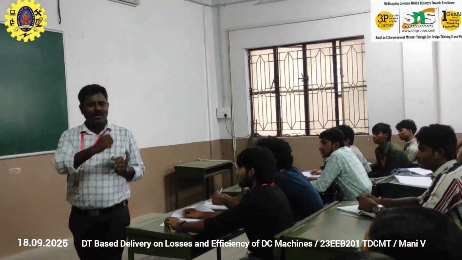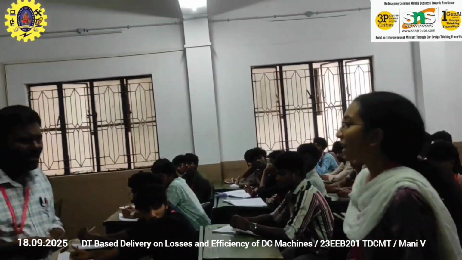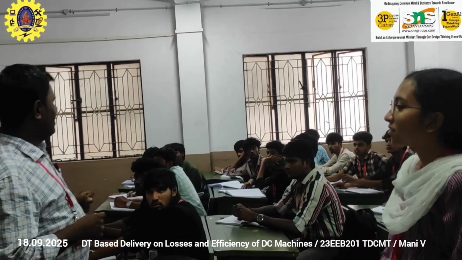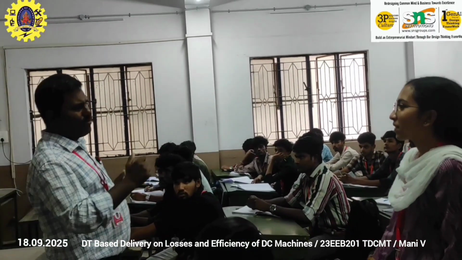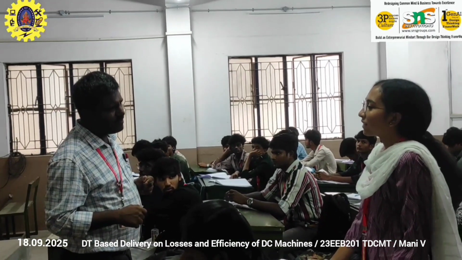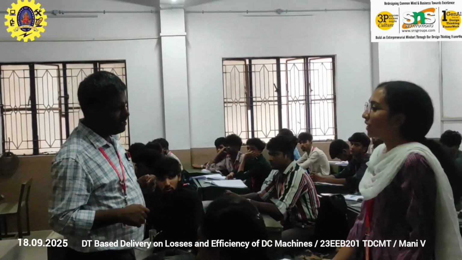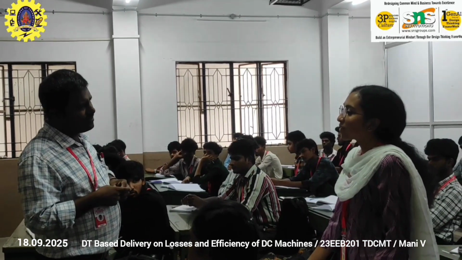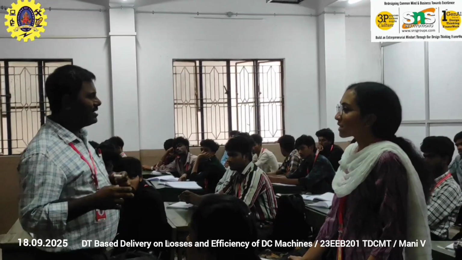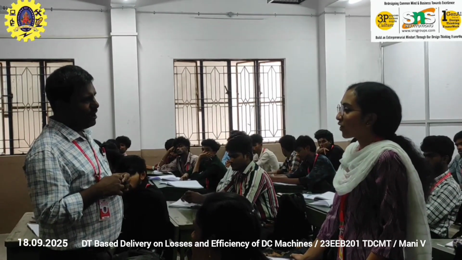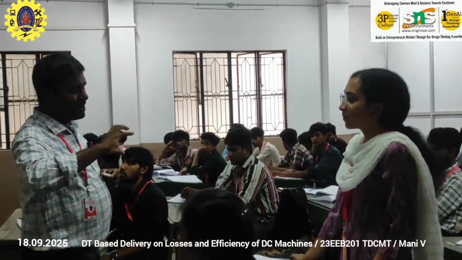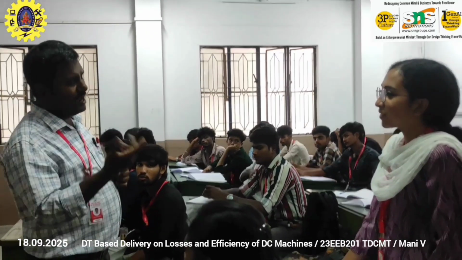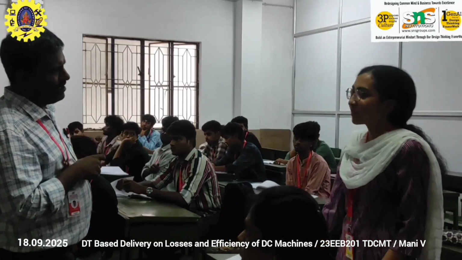So what is copper loss? Copper loss is nothing but heat loss. How is the heat produced inside the machine? When the current flows, the heat is produced by I squared R. How is the heat produced in the winding?